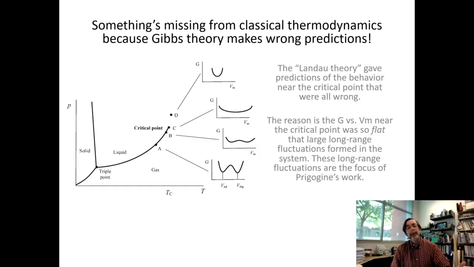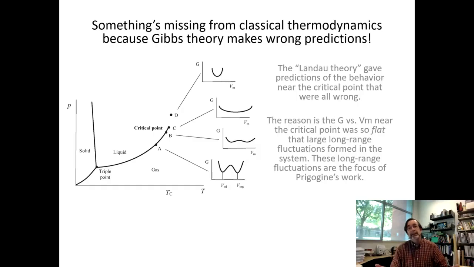So I just want to point out that this is what Prigogine gets us, and this is one of the reasons why he can say, hey, I was right, because we can actually understand this behavior better. The problem is when you have a flat free energy surface, telling where on that surface you're going to start the behavior from, where you're going to be on that surface once you're past the point.